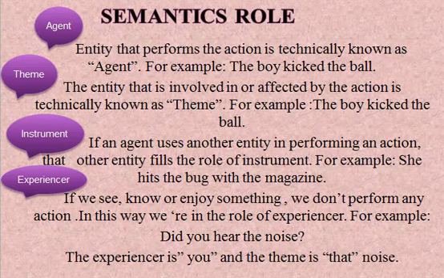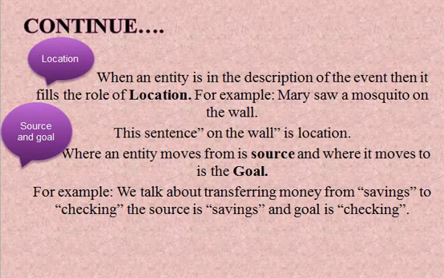Here are some sentences that relate to agent, theme, instrument and experiencer. These are relating to semantics, and you can also find the location, source and goal.